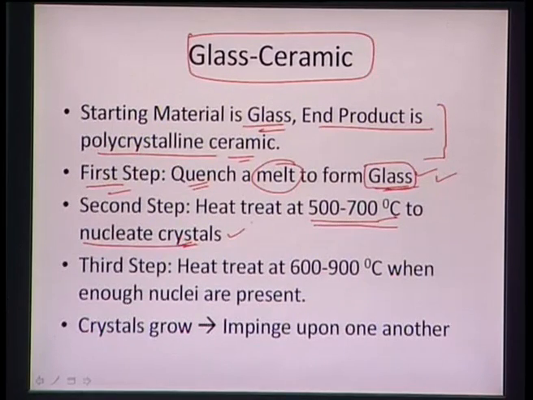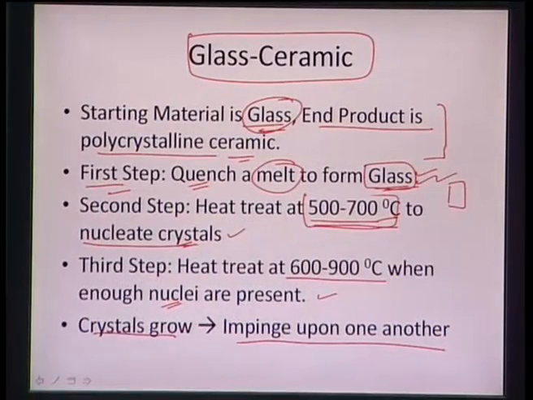Once it has initiated some number of crystals, then we can heat it at a much higher temperature, so that all the nuclei which are present can grow, and once they start growing, they will start impinging upon one another. So now we have a composite which is a glass ceramic.